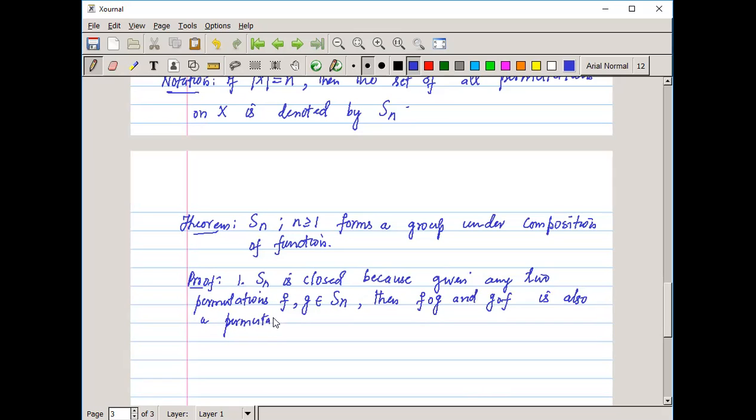Therefore, whenever we have two elements f and g from Sn, then their mapping composition is again a 1-1 onto mapping or a bijection. So that means the composition of any two functions is again in the set Sn.